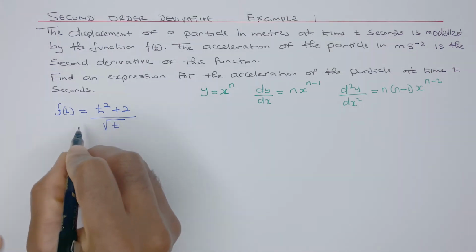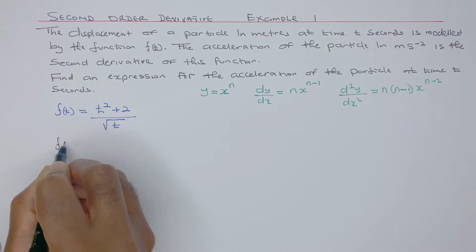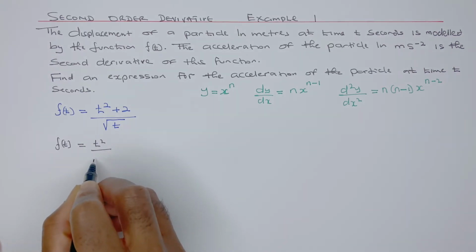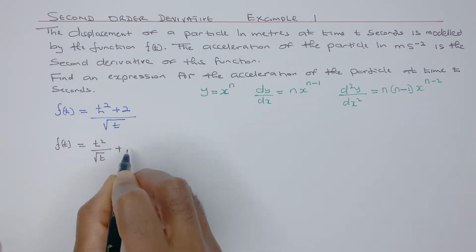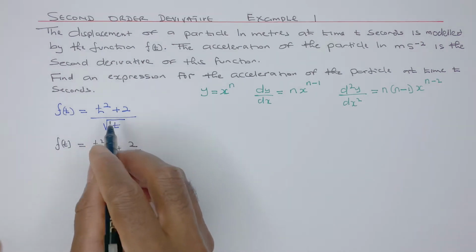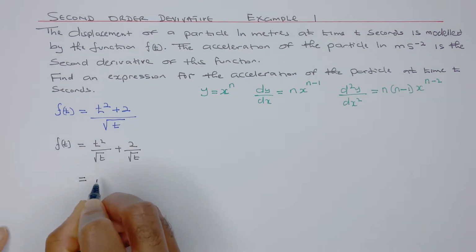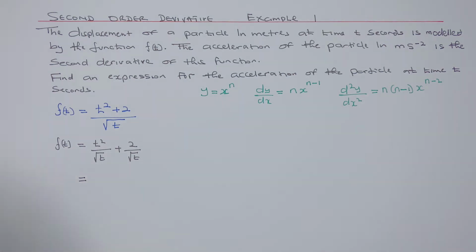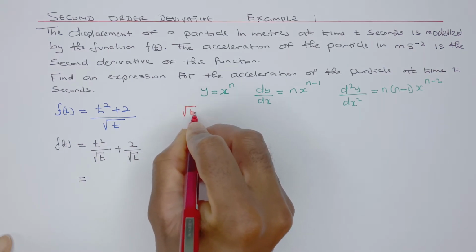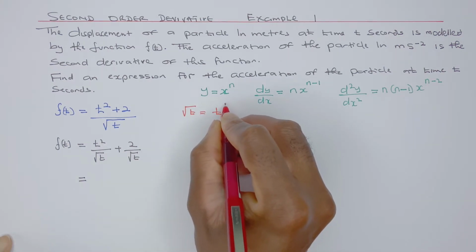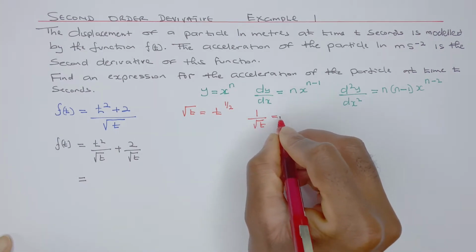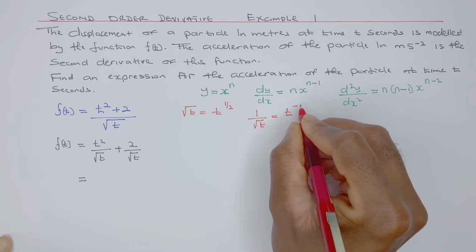So to change the function f of t, f of t will now be t squared over root t plus 2 over root t, since they have the same denominator. Now we know what root of t is. Root of t is t to the power a half, and 1 over root of t will be t to the power minus a half.